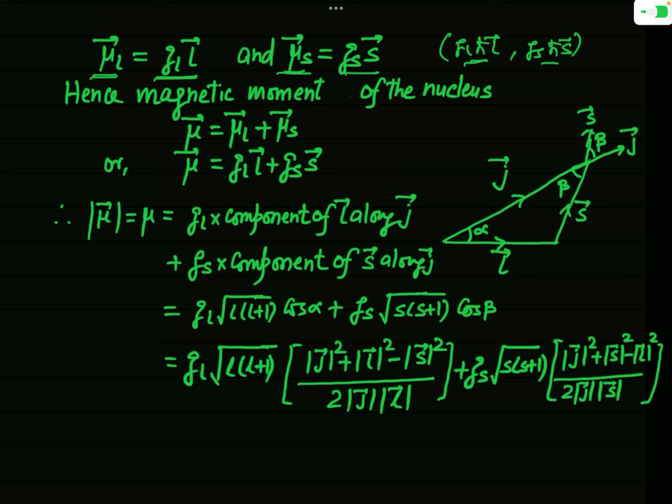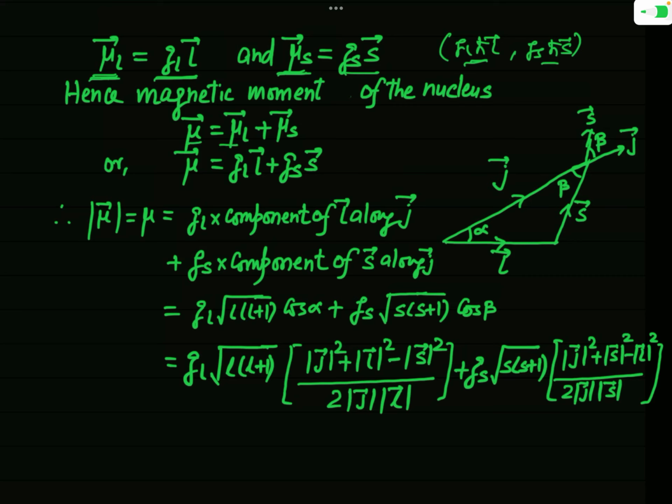So the total magnetic moment of our nucleus will be what? That total magnetic moment will be simply the vector sum of mu L and mu S, that is the resultant of mu L and mu S. So the resulting magnetic moment of the nucleus, which is only due to the odd nucleon according to the single particle model or the independent particle model, will be equal to what?